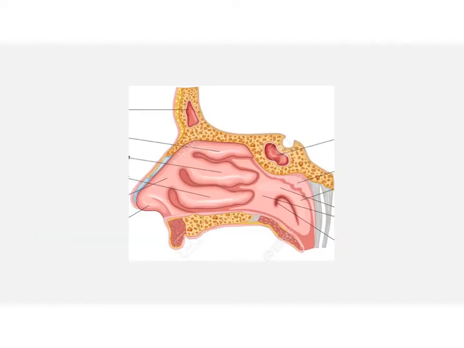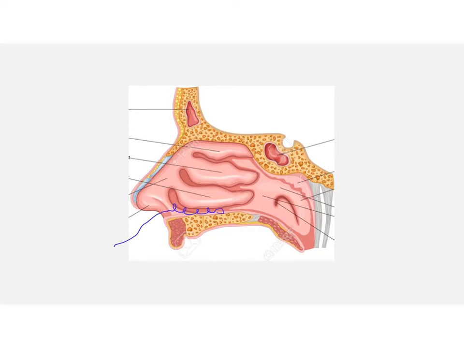So here we have a picture of the nose. We know that the nose's main job is to heat and humidify gas on inspiration. During inspiration, turbulent flows are going to increase contact time between moist vascular mucosa and the gas, and it's going to warm the gas through convection. Gas is going to come through the nose, and then turbulent flow.